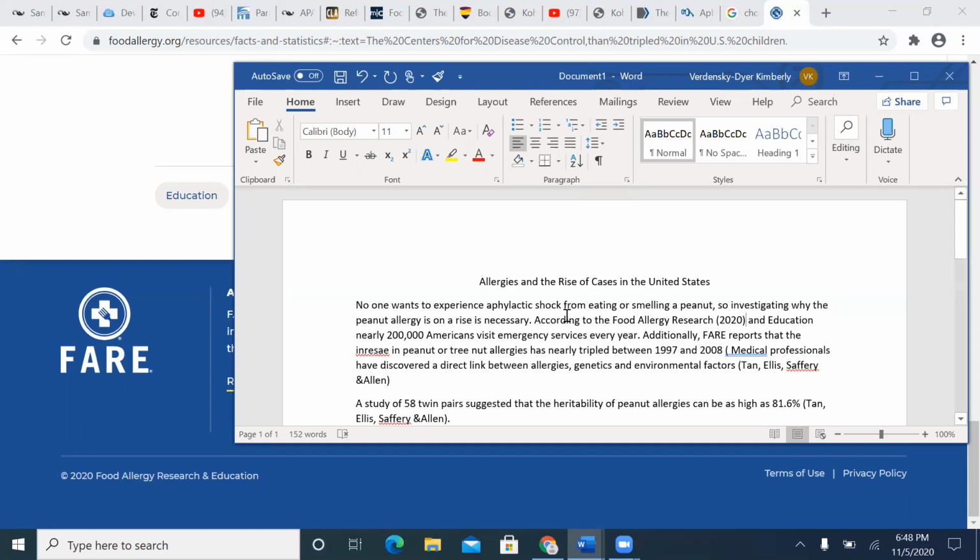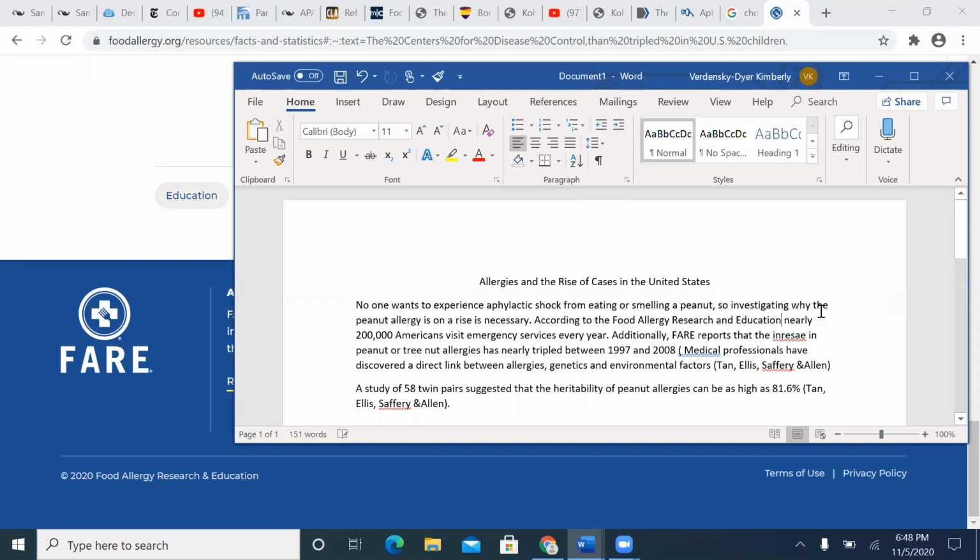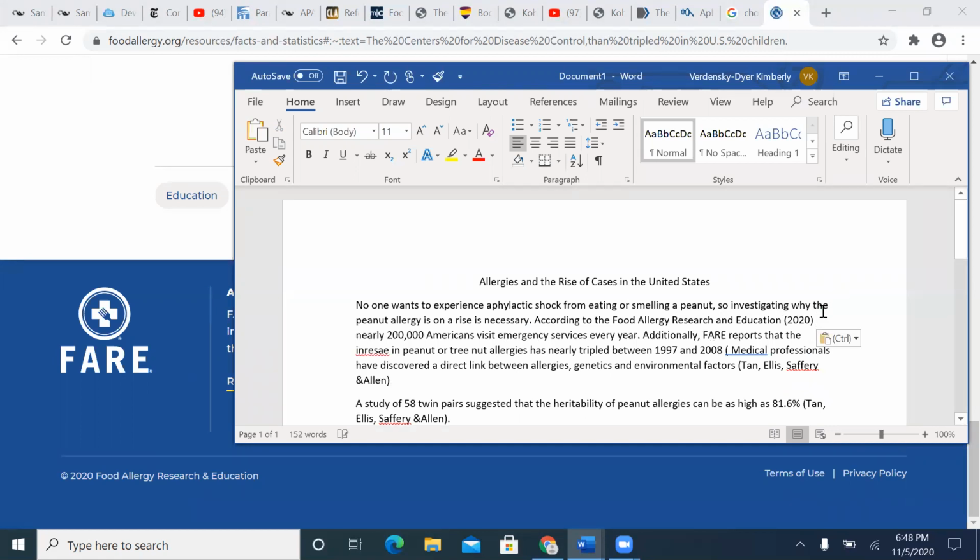Notice in this example, I've included the name of the organization in my narration. So again, I'm just using the year at the end of the name of the organization. I'm also going to include a comma because according to is an introductory or a transitional phrase. So according to Food Allergy Research and Education, I don't need the.